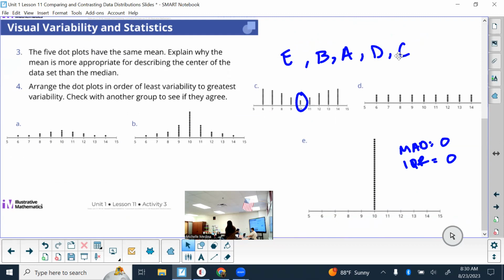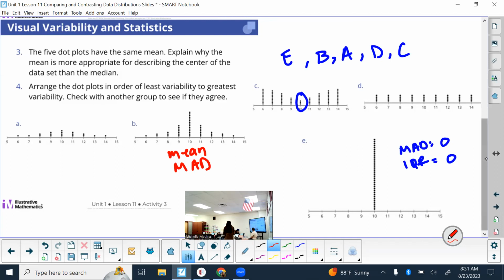Any other questions on this? All right, so when is the mean better for talking about the data? When it's symmetric. So if we're using these dot plots, I would use the mean, and then what would I use for the spread, MAD or IQR? MAD, if we're talking about the mean being better. And then stuff that is not symmetric, which we don't have in this one.